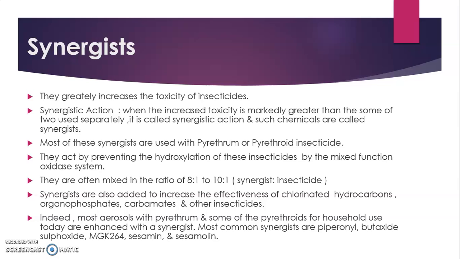Indeed, most aerosols with pyrethrum and some of the pyrethroids for household use today are enhanced with a synergist. Most common synergists are piperonyl butoxide, sulfoxide, MGK 264, sesamine, and sesamolin.